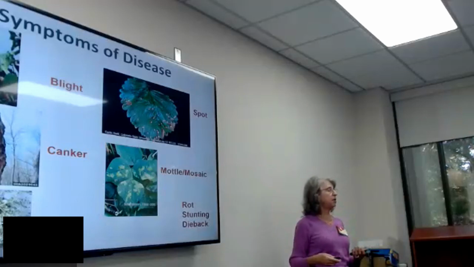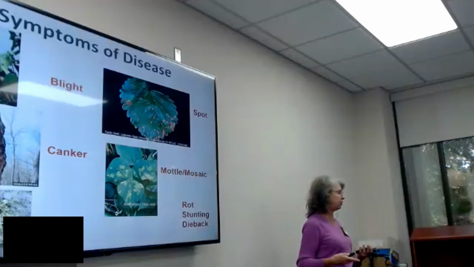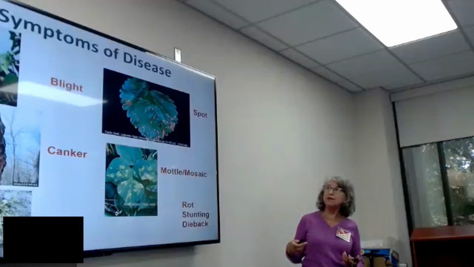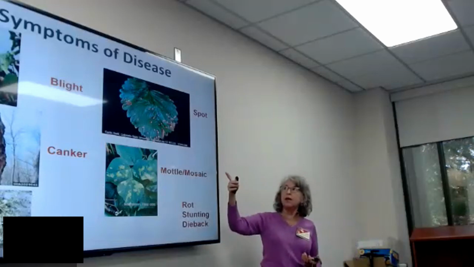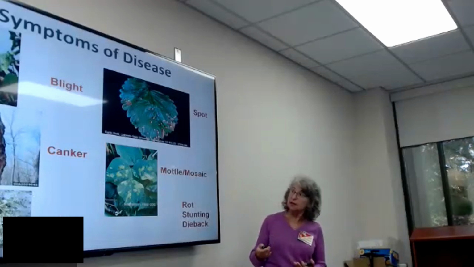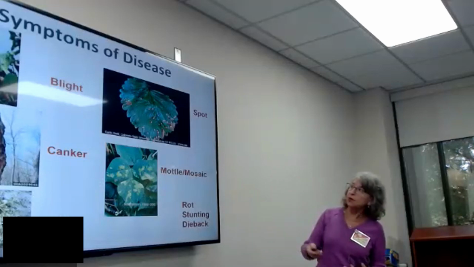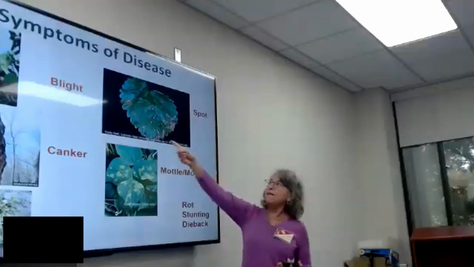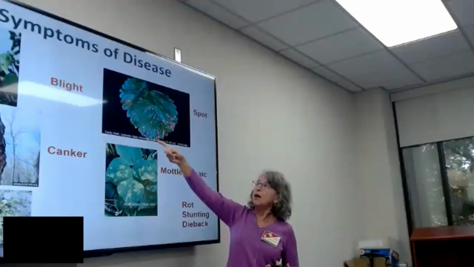Now, leaf spots can be very specific. So if you see a certain pattern on certain leaf spots, you'll know, oh, this is that particular disease. With leaf spots, very often the bacterial leaf spots are angular. You have the veins here.